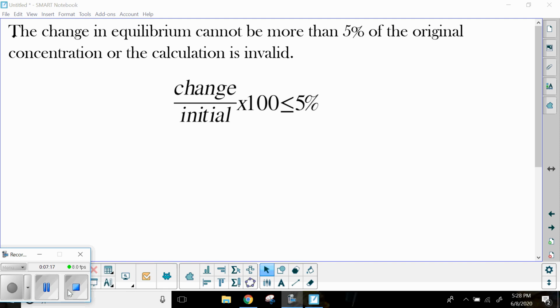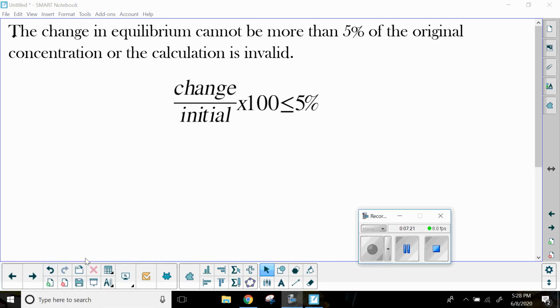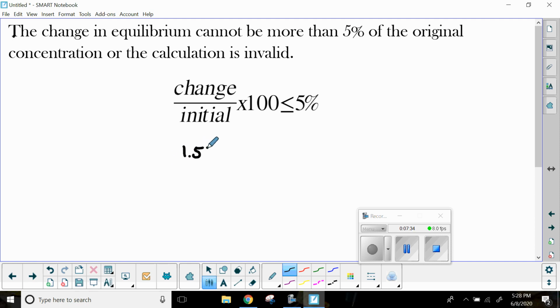So our change in concentration, let me get back to my pins page here, was the 1.5 times 10 to the negative fourth. My initial concentration was the 0.00100. And when I calculate this out to find a percentage, you're going to find that that's 15%.